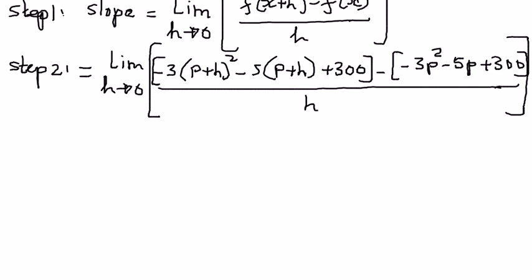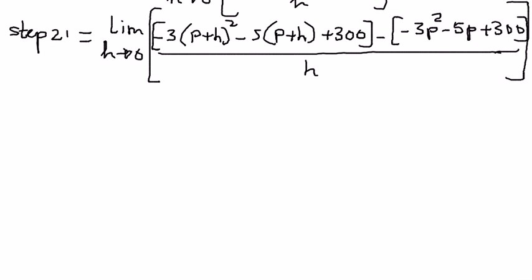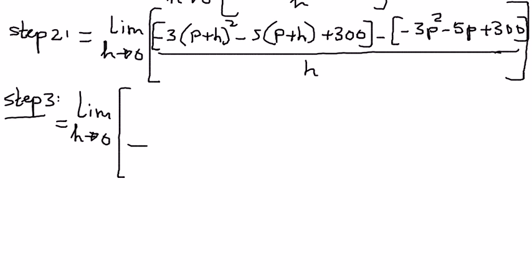Now, as a third step, we're going to simplify the math. The way we do that is as follows. Limit as h approaches 0. We're going to expand the numerator part.